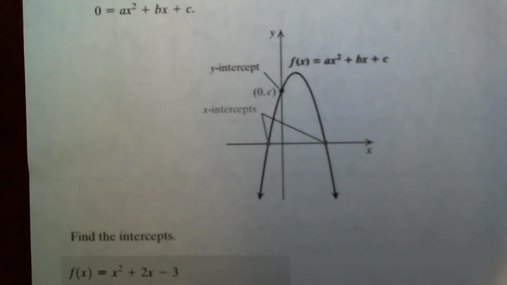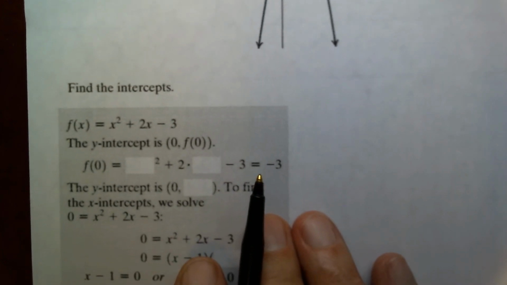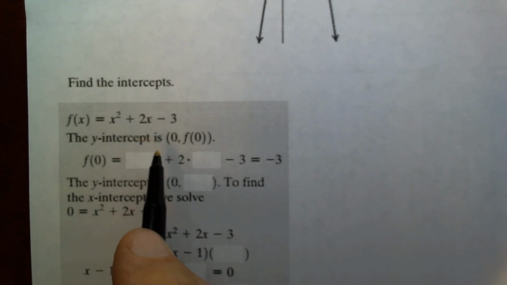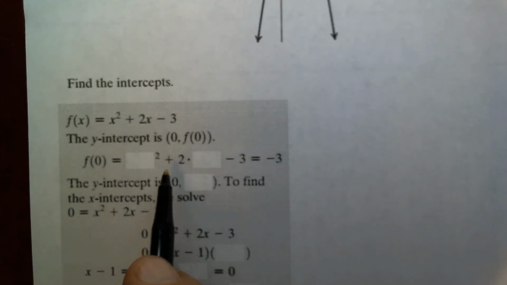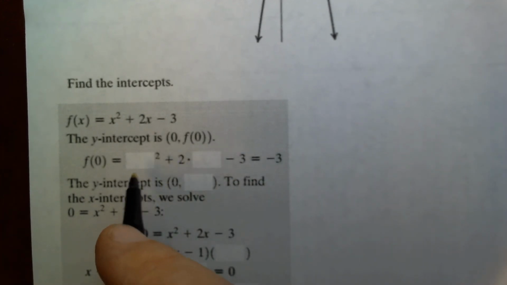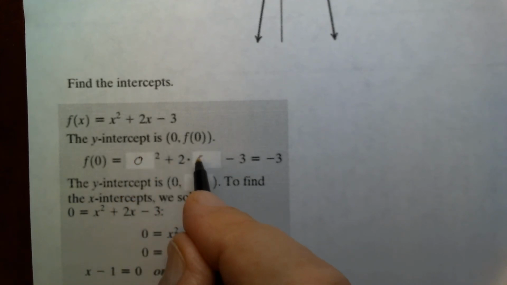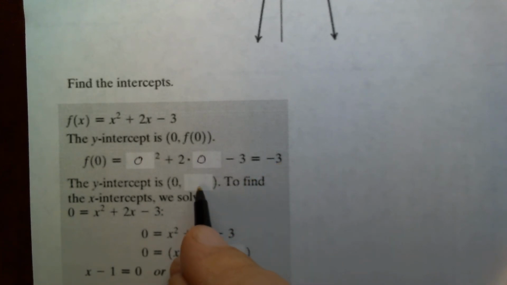So here we look at an example, a guided solution, where we have f of x equals x squared plus 2x minus 3, and so the y-intercept is 0, comma, f of 0, so 0 squared plus 2 times 0 minus 3 is equal to minus 3. So the y-intercept is at 0, negative 3.